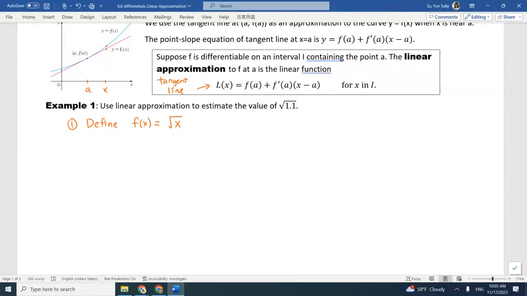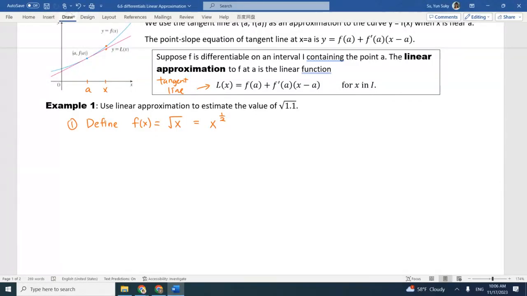The number x is like 1.1. We plug in x is 1.1 to this function, then we get square root of 1.1. Right, everybody? So square root of x, this is x to the what power? 1/2, yes. Okay, the first step, we define the function.